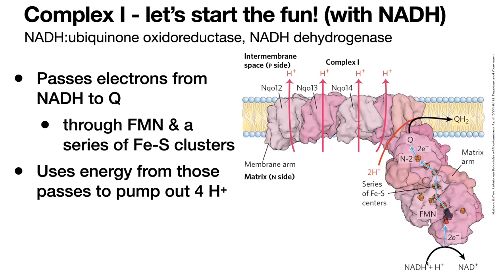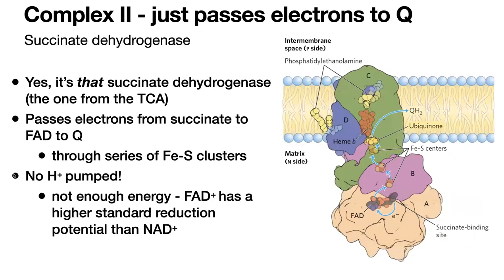So for each NADH that goes in, you're going to get 4 protons pumped in complex 1. And you're going to be reducing 1 Q molecule, giving it 2 electrons. So you're fully reducing it to its ubiquinol form. So we went from ubiquinone to ubiquinol. We now have this QH2, this ubiquinol, that we can use to pass energy on further.